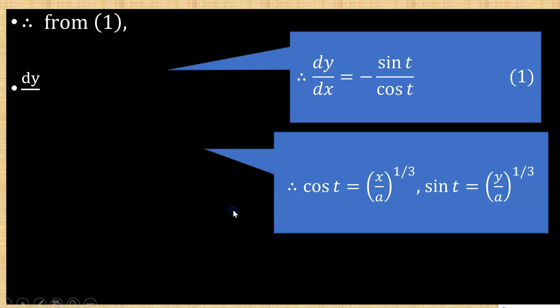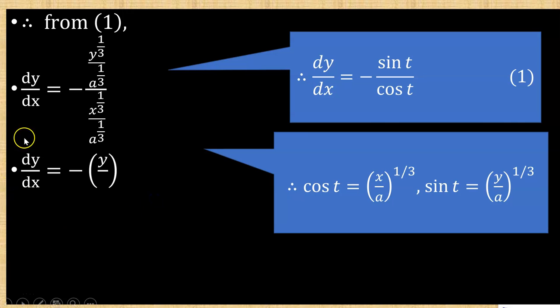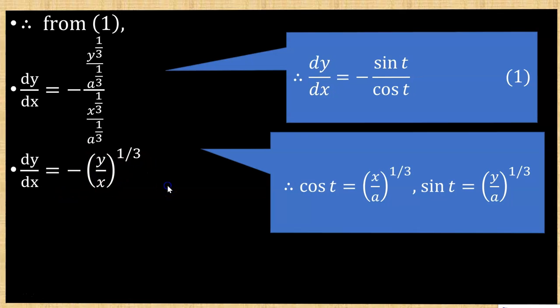Therefore from 1 we substitute the values. dy by dx is equal to minus y raised to 1 upon 3 upon a raised to 1 upon 3, and this whole divided by x raised to 1 by 3 upon a raised to 1 by 3. a raised to 1 by 3 gets cancelled, and here you will get dy by dx is equal to minus y raised to 1 by 3 upon x raised to 1 by 3. We can compact it, and here you will get minus (y upon x) raised to 1 upon 3.